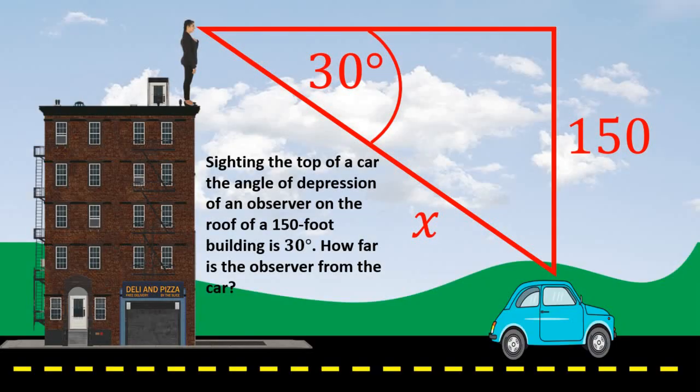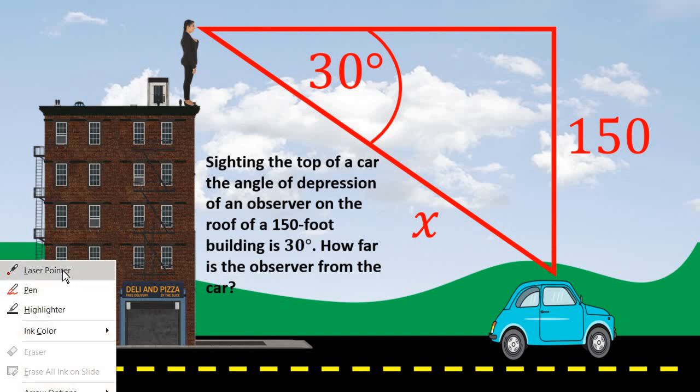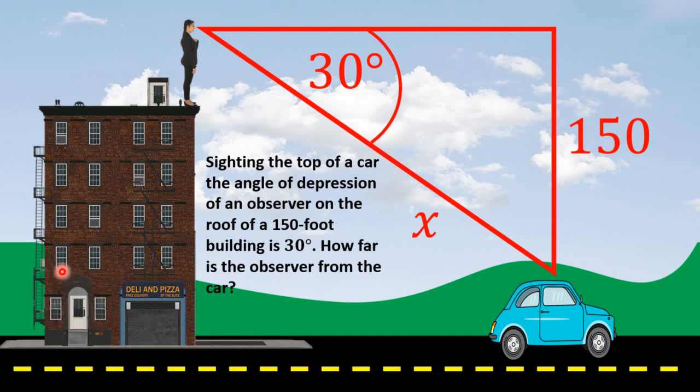Now we have to think about which trig functions are going to allow us to solve when we have the opposite and hypotenuse for a 30-degree angle.